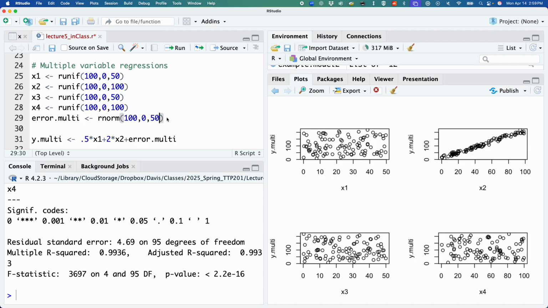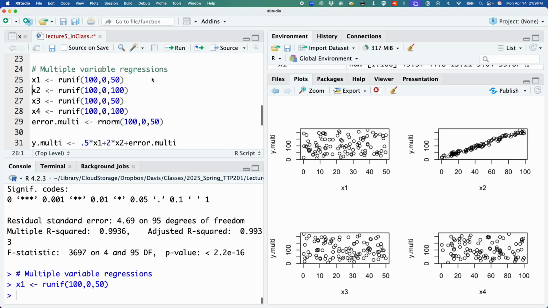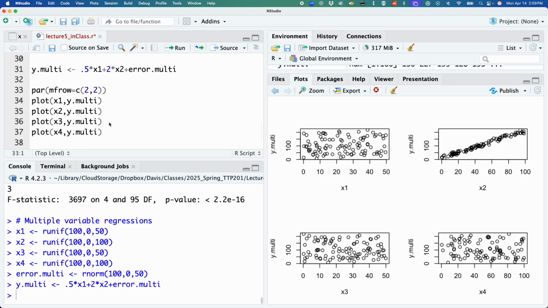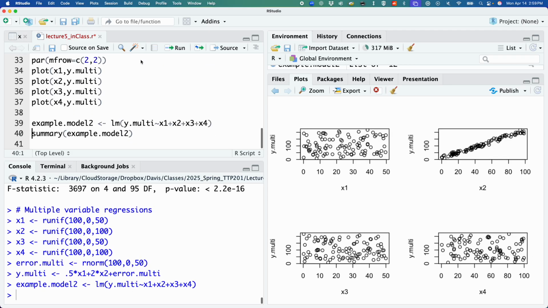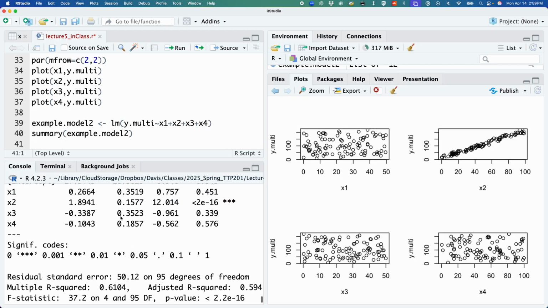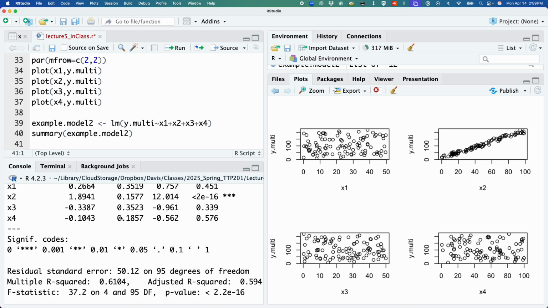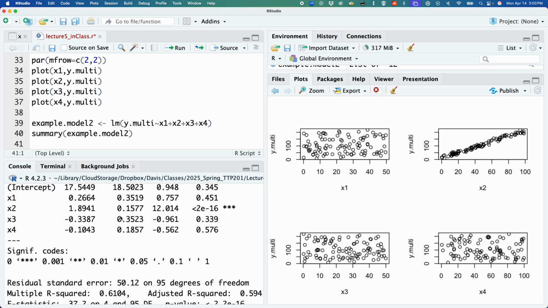If I were just to make the error 10 times as big and run this regression again, it makes it a little harder to hone in properly on the values, and the errors force your R-squared to be smaller.